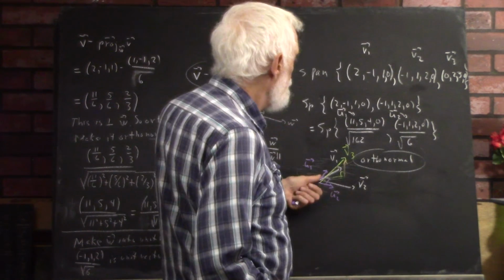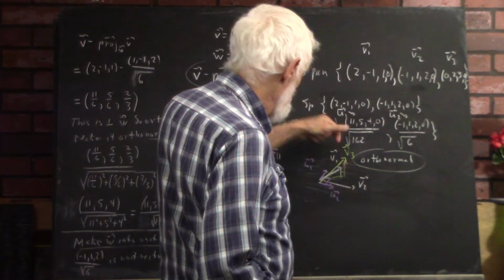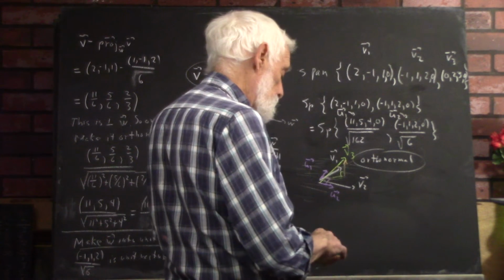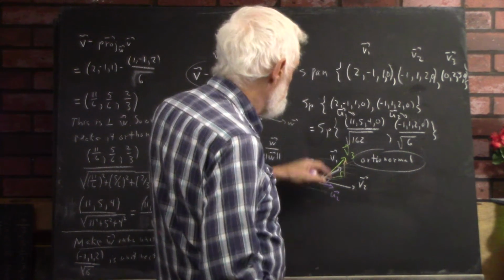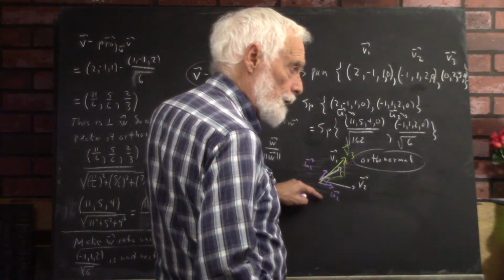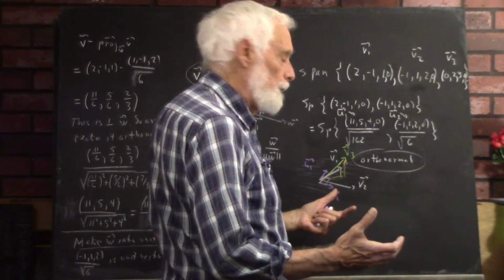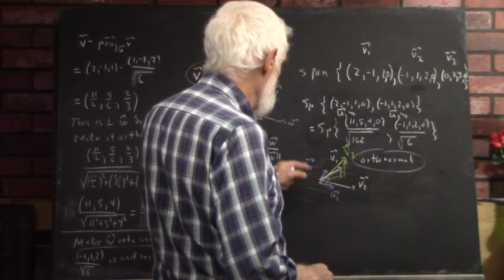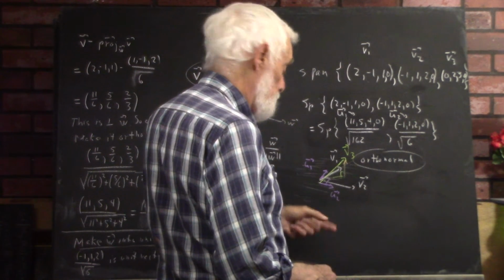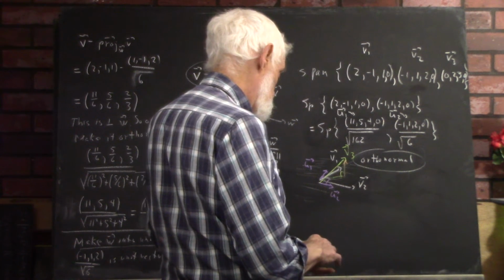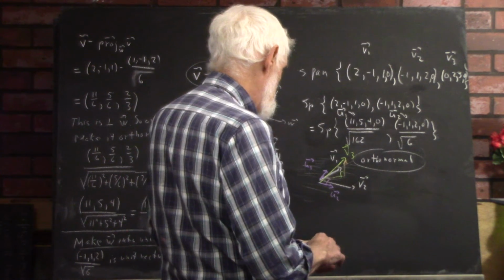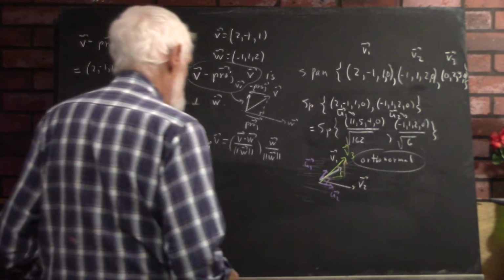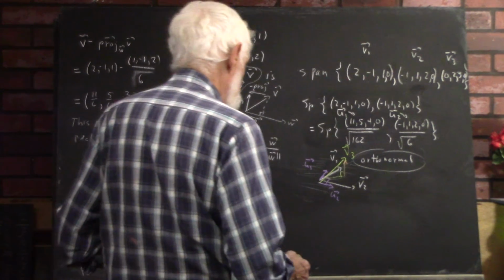Then we take that vector and project it onto u1 and subtract the projection, so that the components of v1 in the directions of u1 and u2 are subtracted off, leaving us a vector that's orthogonal to both u1 and u2. And then we divide that vector by its magnitude, and we get the orthonormal set.